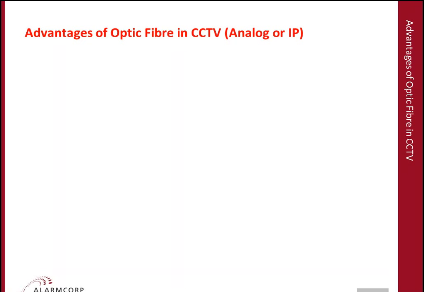Okay, advantages of optic fiber as far as CCTV is concerned. First of all, we know we have much longer runs possible than either with coax or UTP. We know that with RG59 coax, anything over 150 meters, the signal just degrades too much.